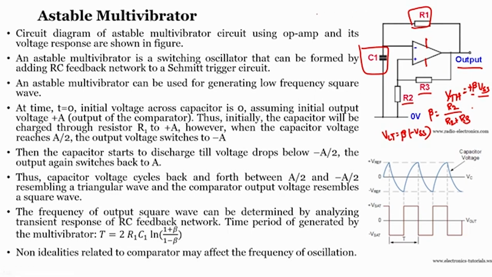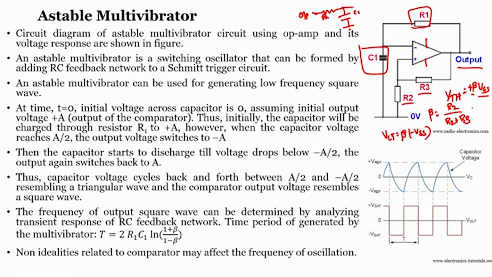So, if I clearly write it down here, this is a resistor and this is a capacitor. This is R1 and this is C1, and the output of the op amp is connected here.